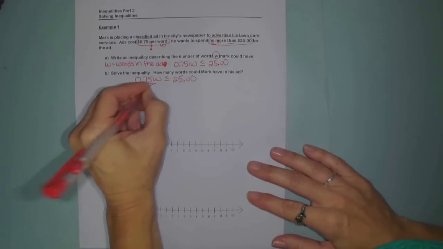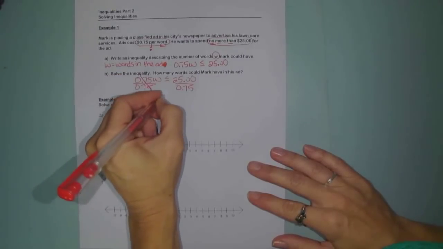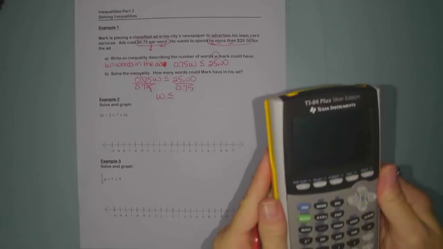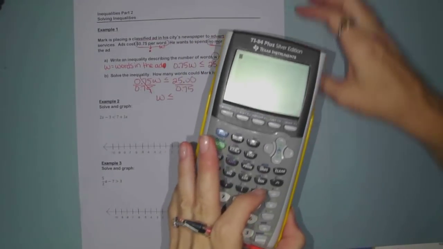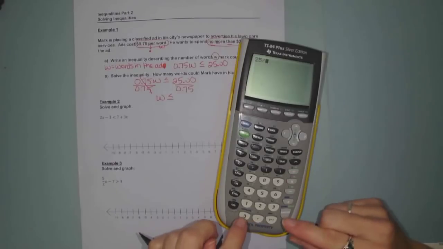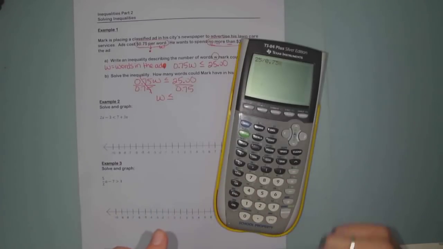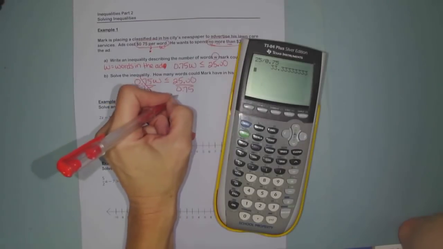Divide by 0.75 and W less than or equal to. Grab your TI. And what do we have? I've got students in the room while I'm making this video, so bless you. 25 divided by 0.75. So 33.3 repeating words.